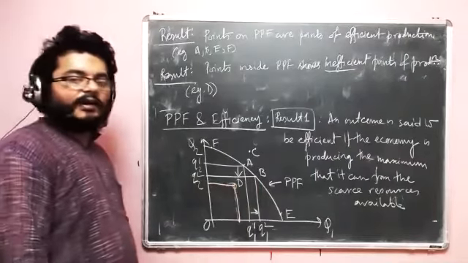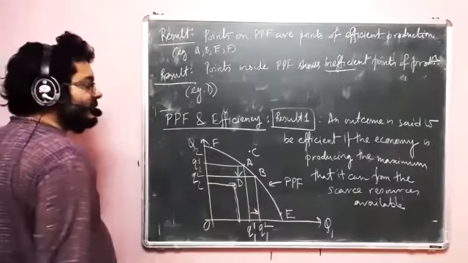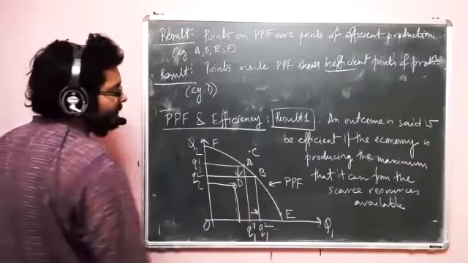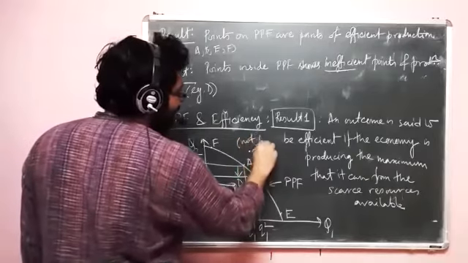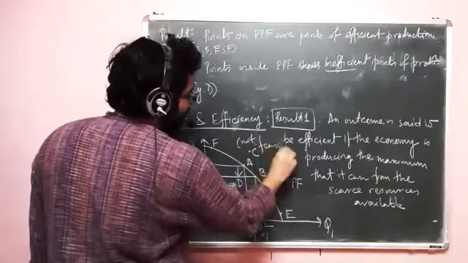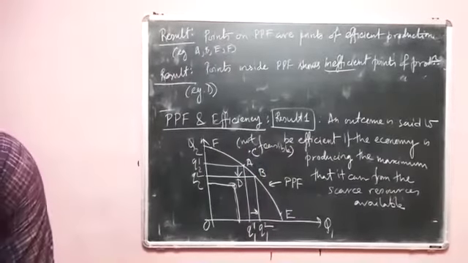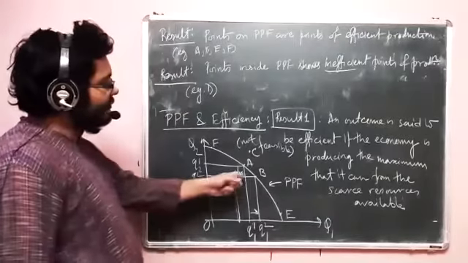So that doesn't make any point. Okay. So we have got three regions: inside PPF, inefficient; on the PPF, efficient; and beyond PPF is not feasible, right? Not feasible.